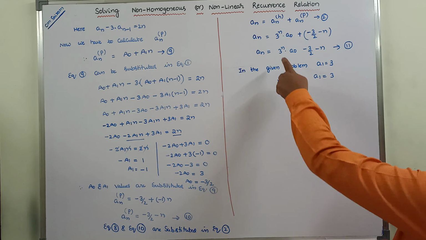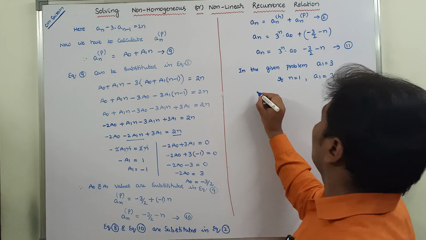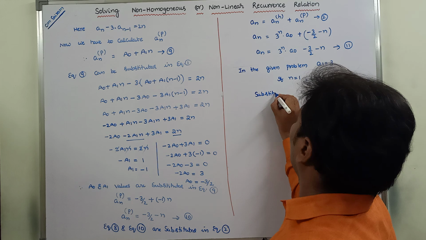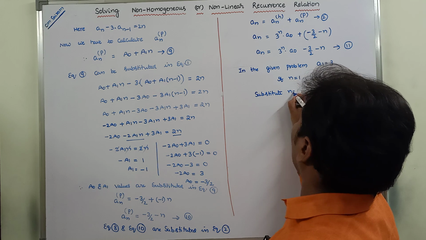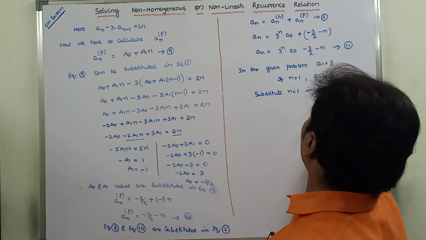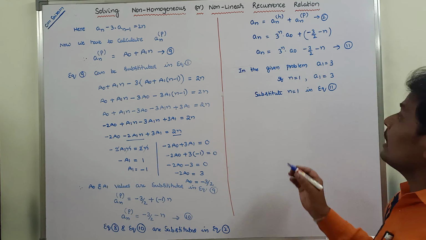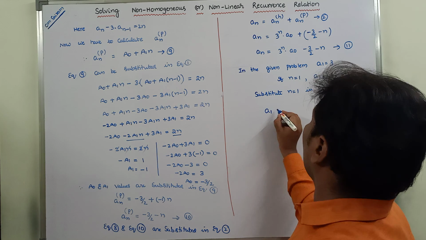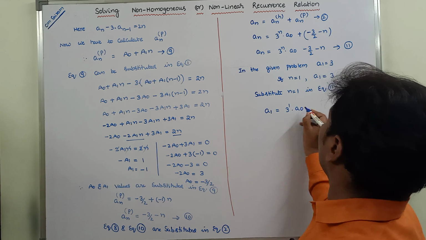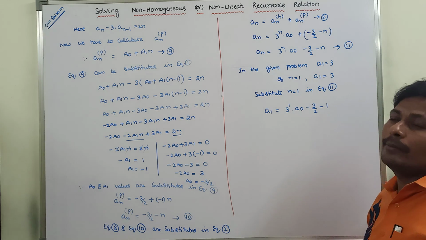Substitute n is equal to 1 in the above equation 11. So in the place of n, we are substituting the value 1. So a1 is equal to 3 power 1 into a naught minus 3 by 2 minus 1.